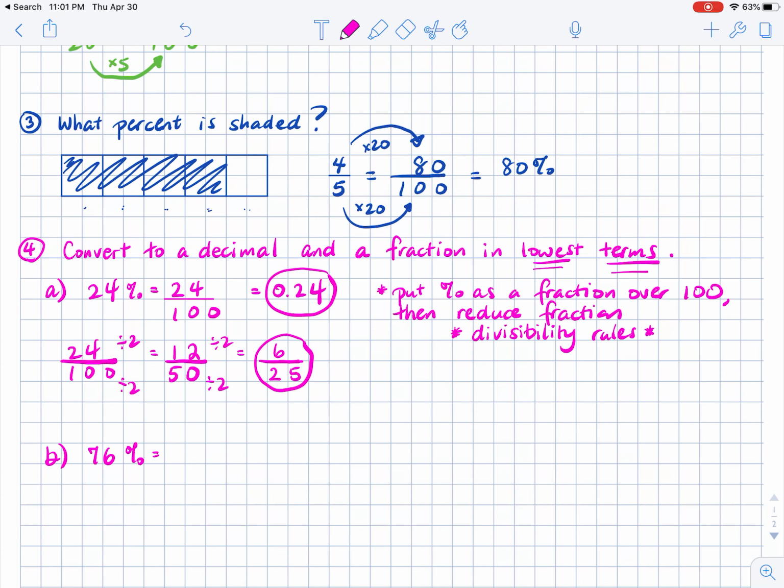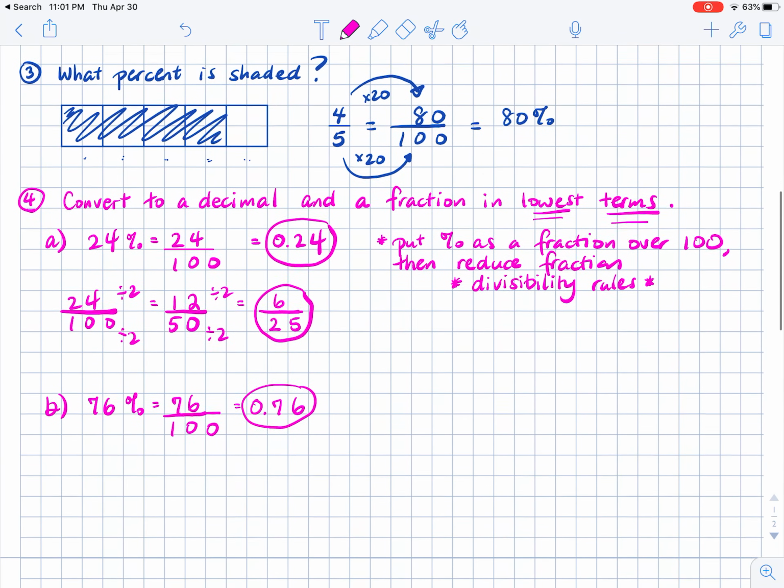Again, pause the recording if you'd like to figure it out on your own before you check it. So I'm going to continue. Remember our steps. You're going to put the percent as a fraction over 100. Then you're going to reduce the fraction. So 76% as a fraction over 100 is 76 over 100. I know automatically if something is over 100, it's easy to convert to the decimal.